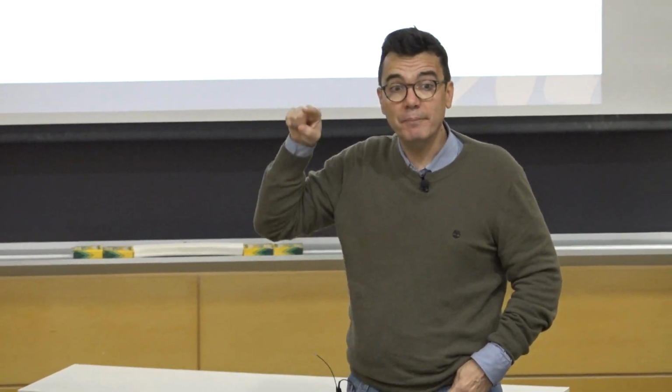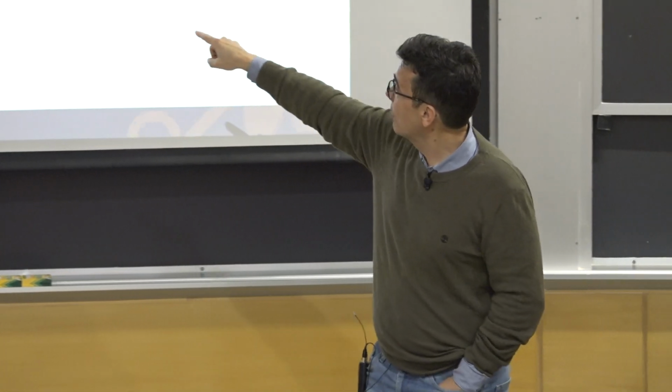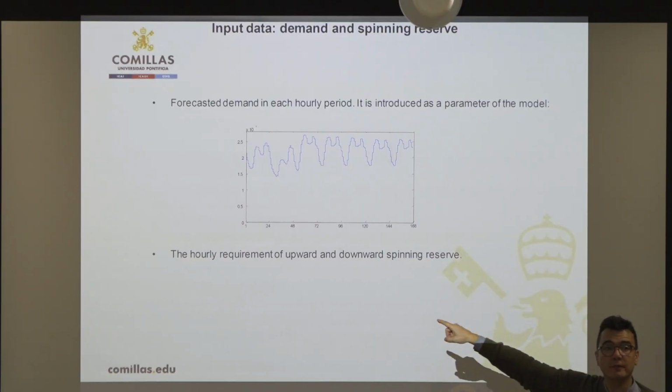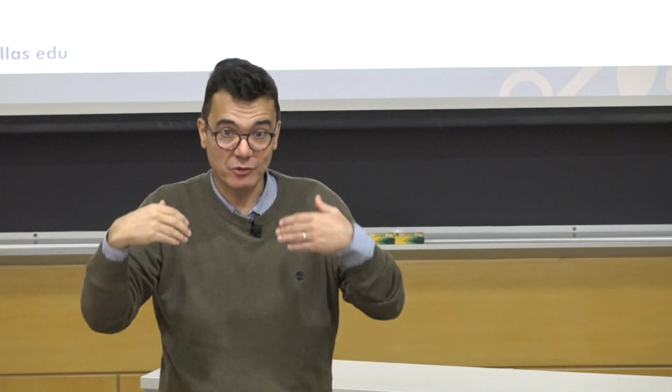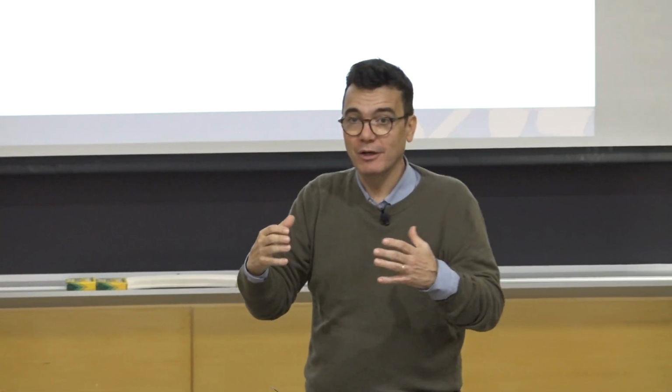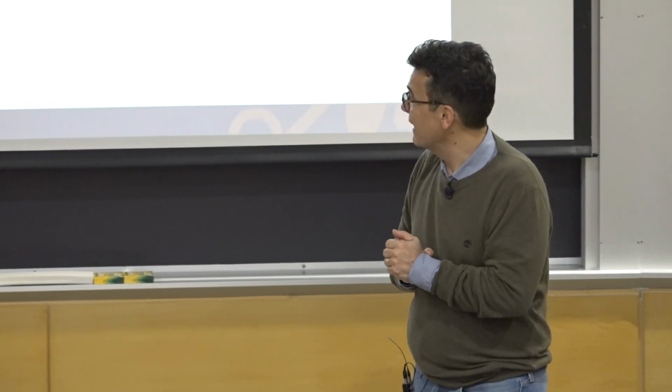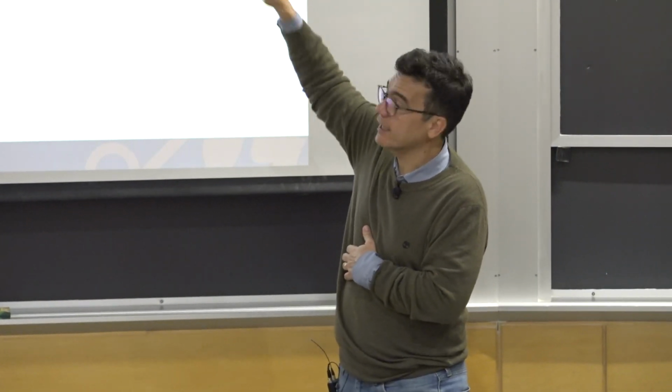But apart from being able to satisfy the demands, we need other services to be provided. Are you familiar with the term ancillary services? Yes. What is an ancillary service? An ancillary service is all the other services that we need to provide to the system in order to help the system operator manage the power system in a reliable manner, which means, imagine that you have this forecast of the demand.